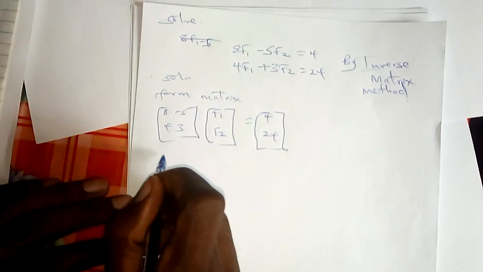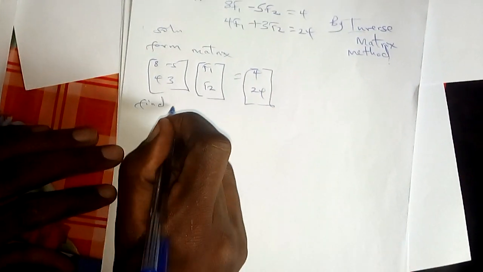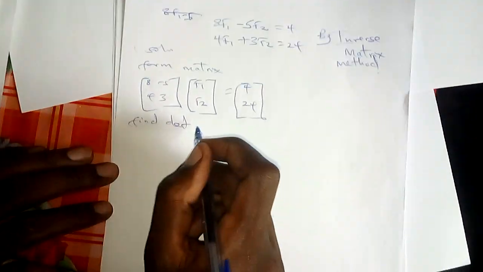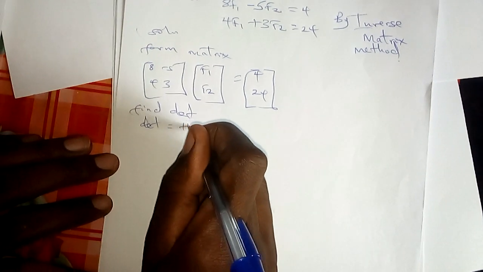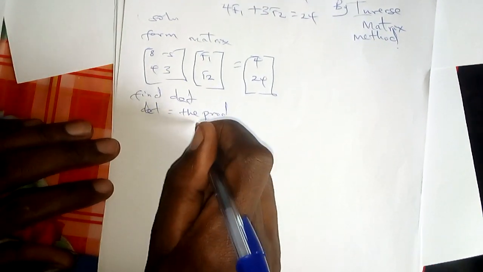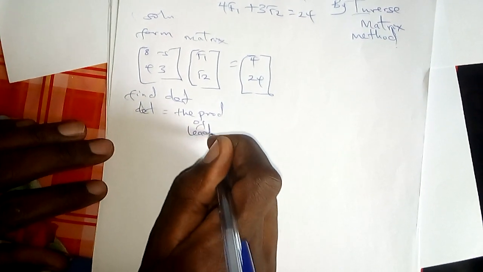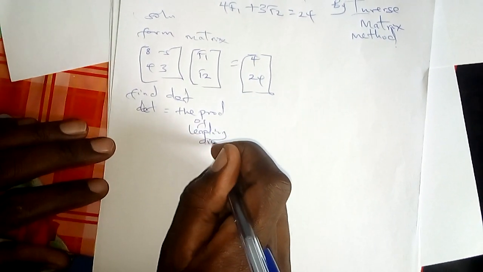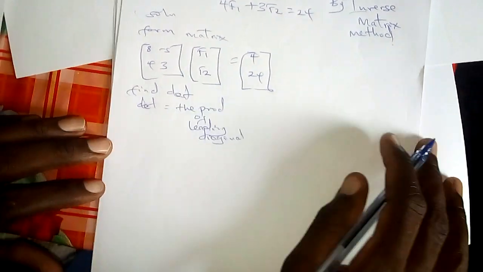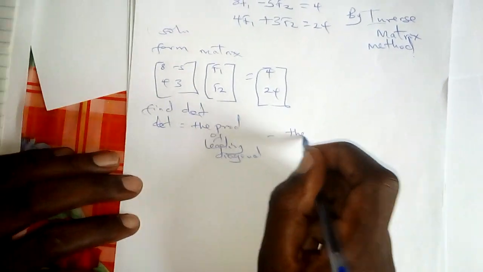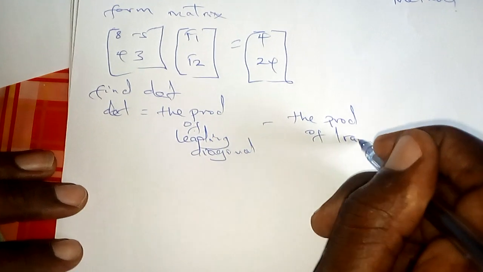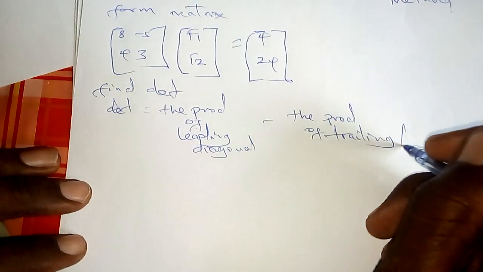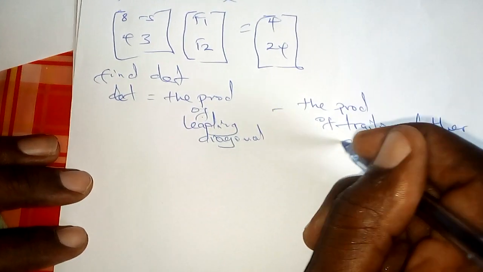After forming, you find what you call determinant, and determinant is equals to the product of the leading diagonal minus the product of the trailing, the other diagonal.